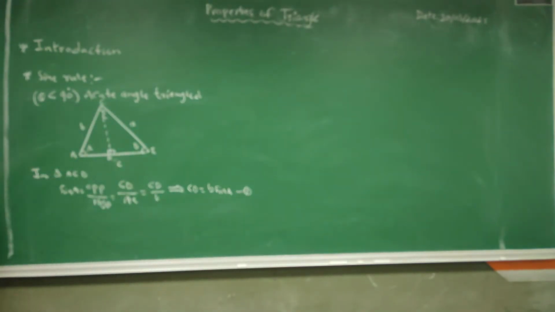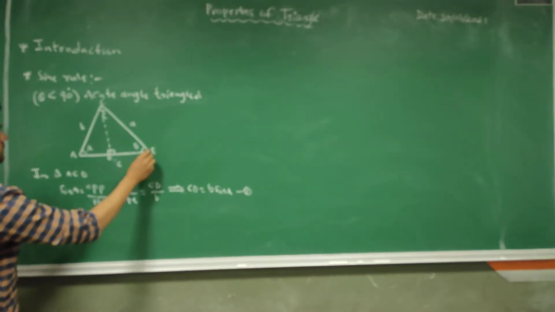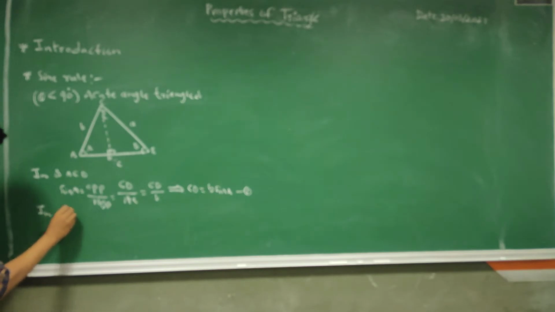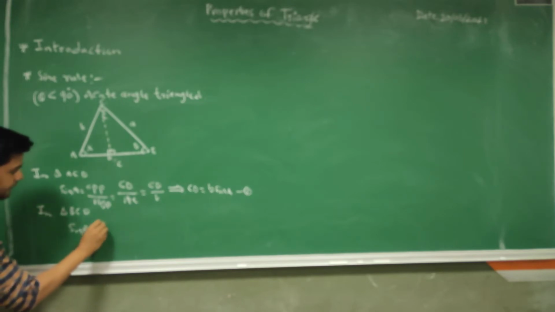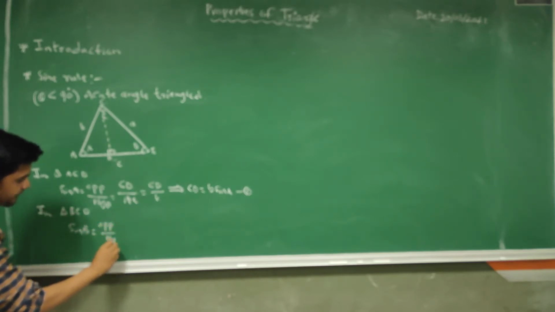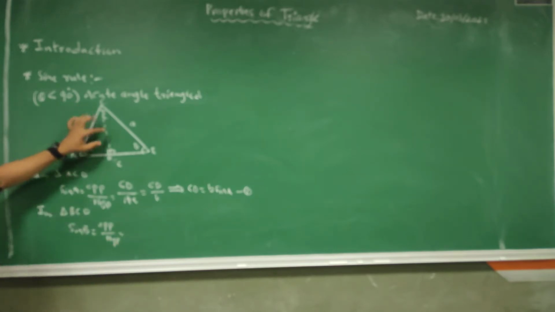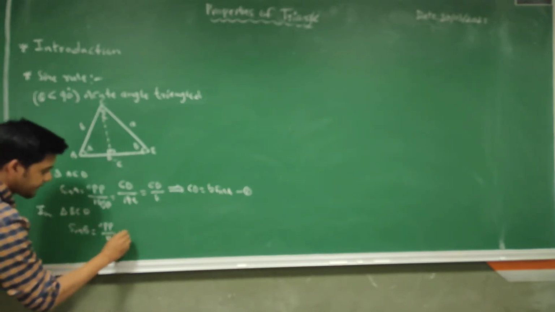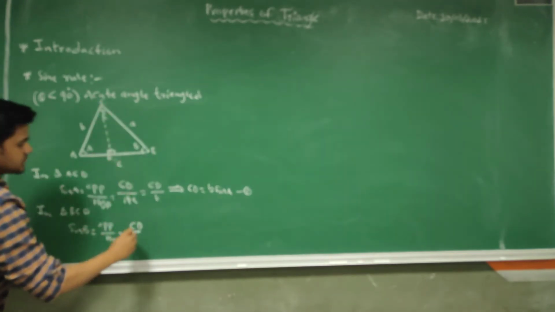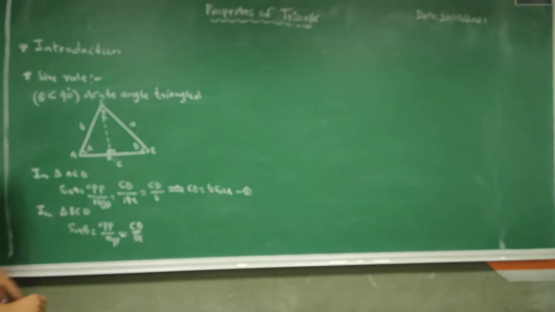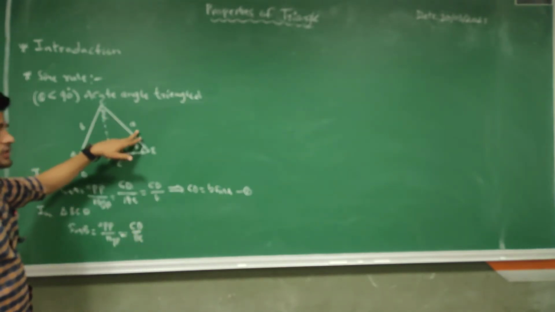Okay, in triangle BCD, if I am applying the sine ratio here, I will get sin B is equal to opposite by hypotenuse, and the opposite side of B is nothing but CD, so CD by BC, and I can write BC is nothing but a.